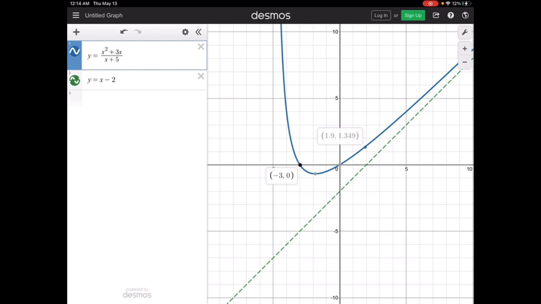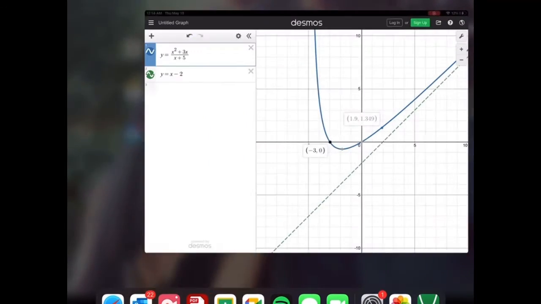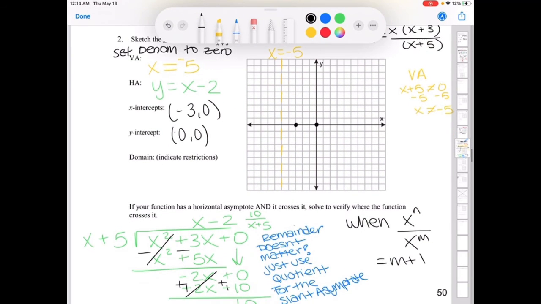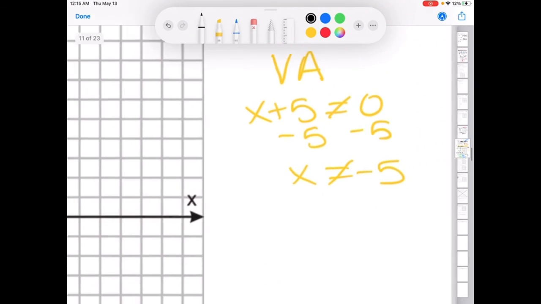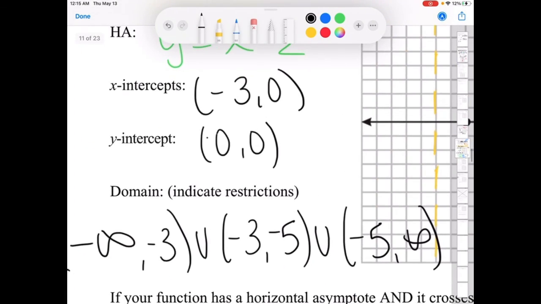So for a domain here, I'm going to say any number from -infinity to -3, union -3 to -5, union -5 to infinity. So this is accounting not only for my restriction on my vertical asymptote, but also for the fact that 0 is included, and so is -3.